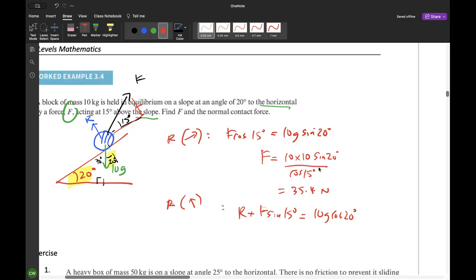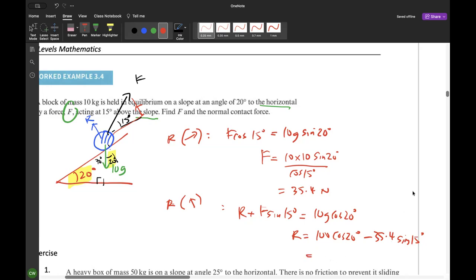Okay, what's the answer for R? 100 cos 20 minus F 35.4 sine 15.